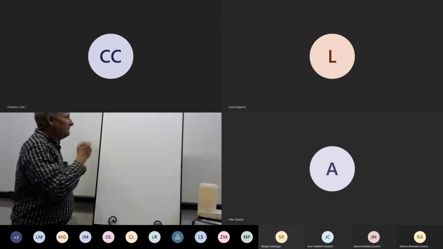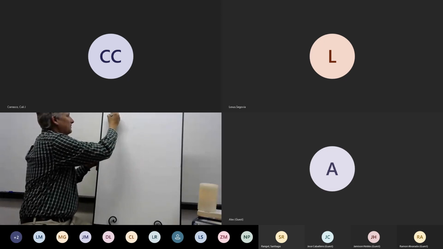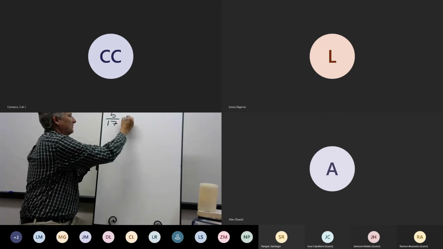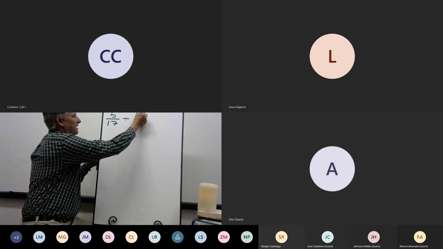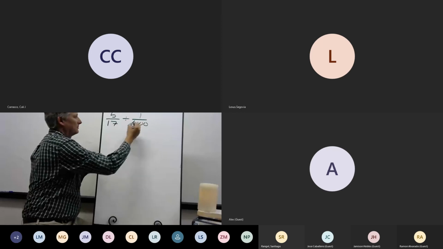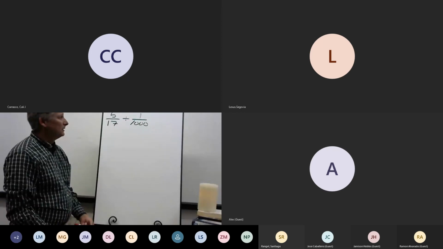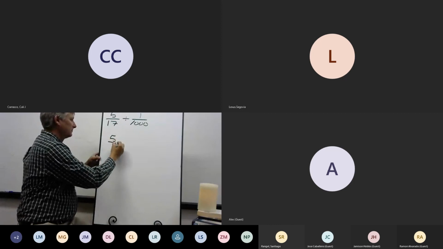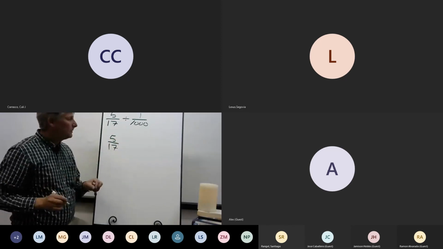So let's take a look at 5/17 divided by 1/1000th. Well, we're going to keep the first fraction. So the first one we keep.